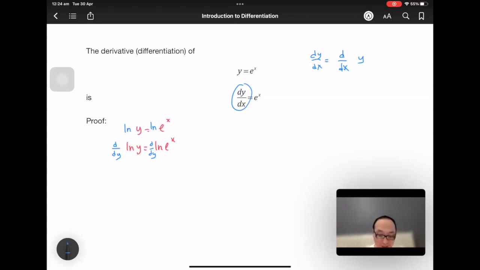Now, in here, we have variable y, so I want to differentiate the function with respect to variable y. So it becomes d over dy. So I differentiate both sides with respect to variable y.